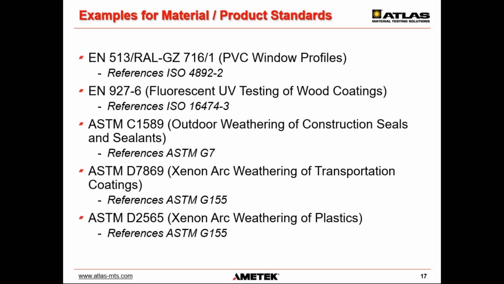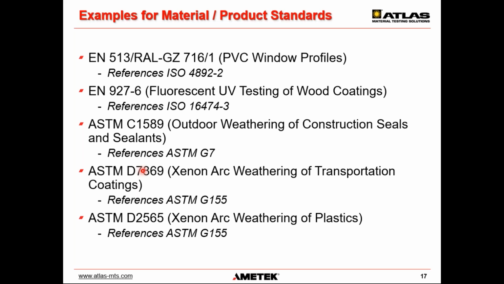The standard ASTM D7869, for example, was developed by a joint consortium between Ford, Honda, Boeing, as well as the suppliers and instrument manufacturers. Atlas and Q-Lab were also involved in the development of this standard, and it is becoming very popular due to the extensive research done supporting its development.